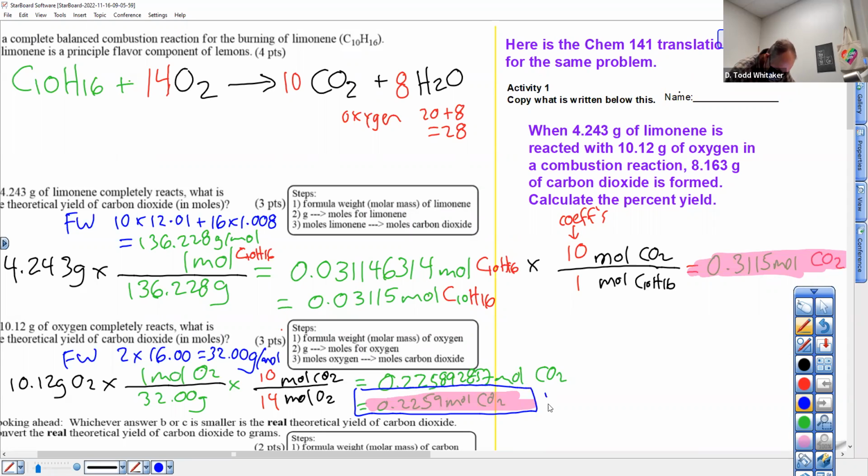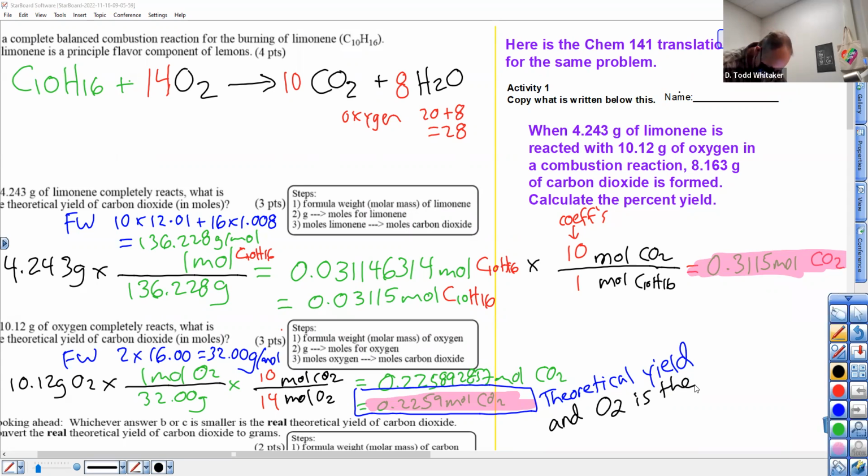This is the theoretical yield, and because it came from O2 is the, and what's that word for the reactant that runs out? It's 2 words. Limiting reactant.